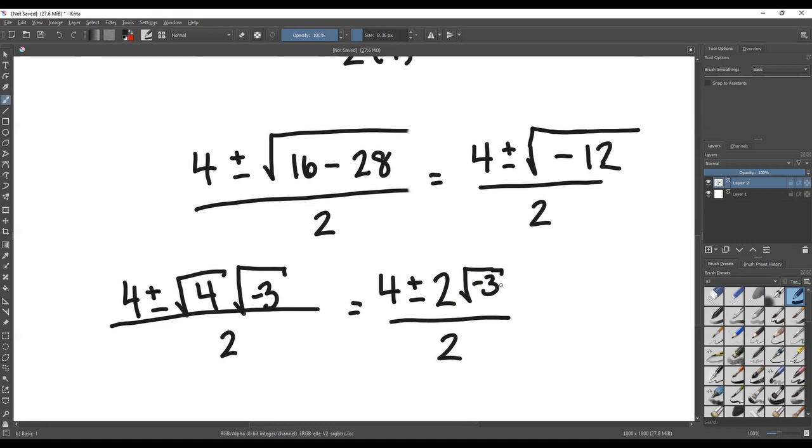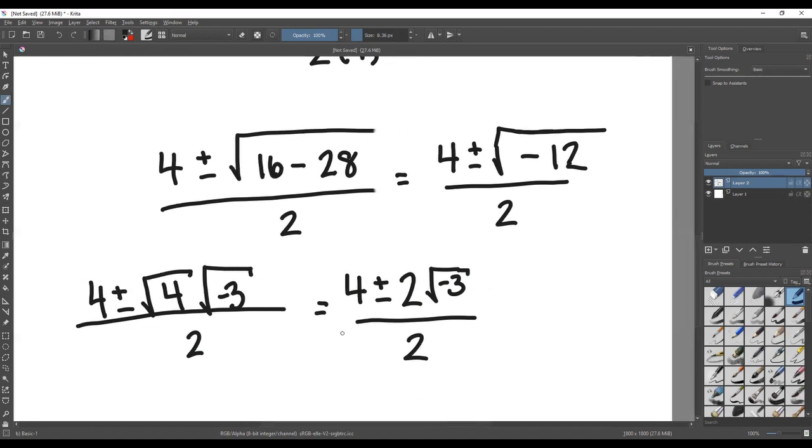We can factor out a 2. So it will be 2 plus or minus, that's 1. And then taking the negative out, it will be i square root of 3, all over 2. 2 divided by 2 is 1.